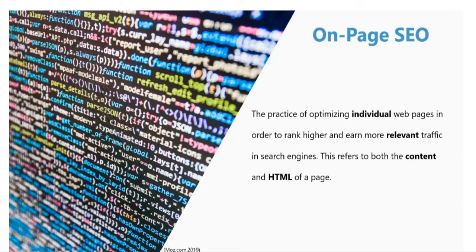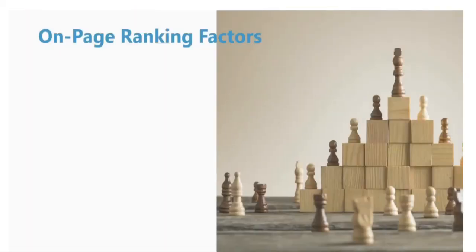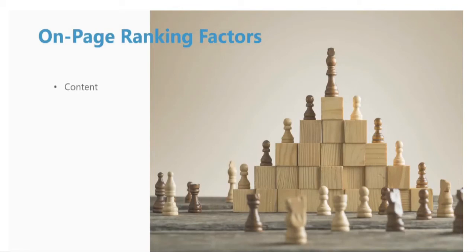On-page refers to both the content and the HTML source code of a page that can be optimized. The on-page ranking factors are content, title tags, meta tags, URLs, and alt text. And I'm going to be going through all of these in a bit more detail now.